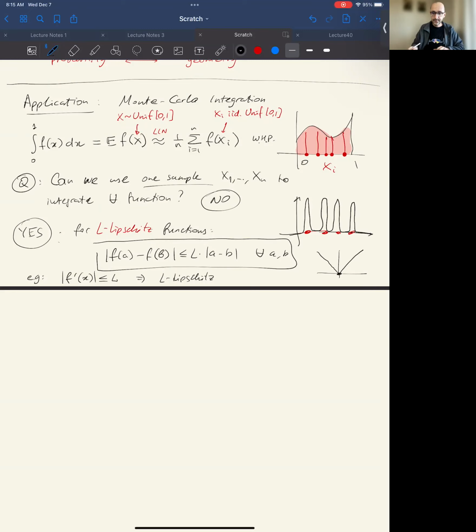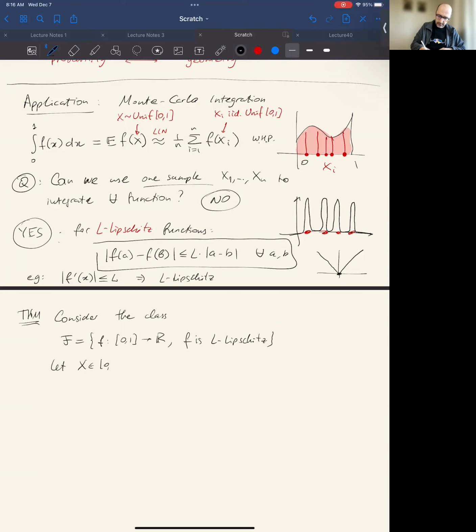Good. So we'll prove this theorem that says that you can integrate any Lipschitz function from one sample. We consider the class of all functions from [0, 1] that are L-Lipschitz, and we don't need a uniform distribution.